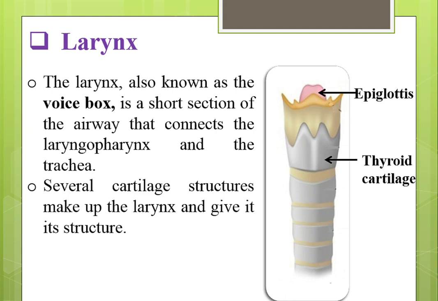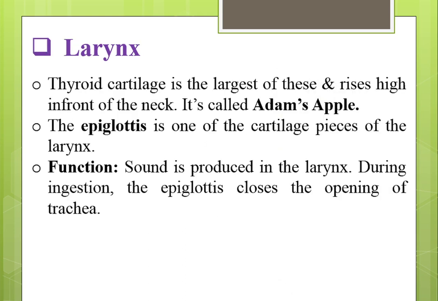Of them, the thyroid cartilage is the largest one, and it is very clear in males and is called Adam's apple. Epiglottis is one of the cartilage pieces of this larynx.